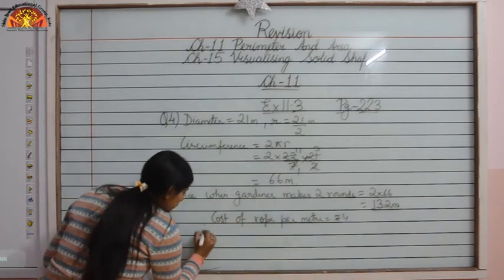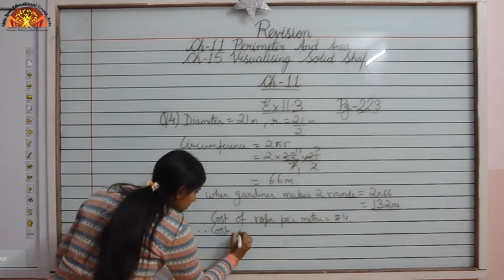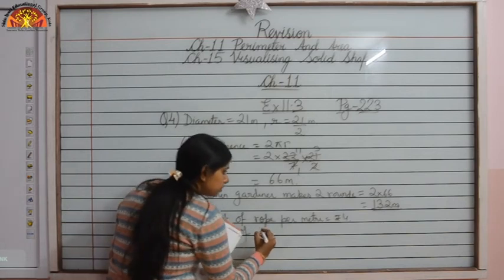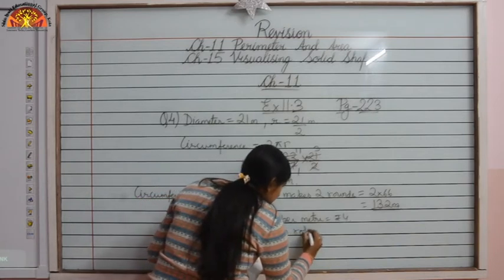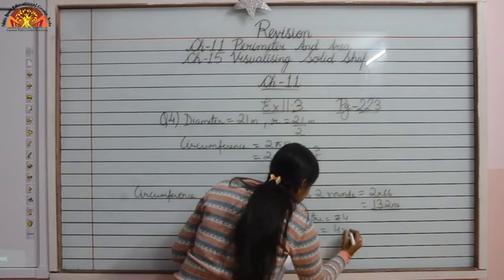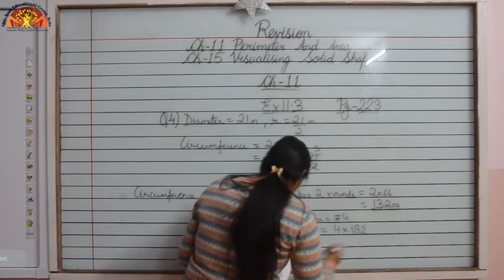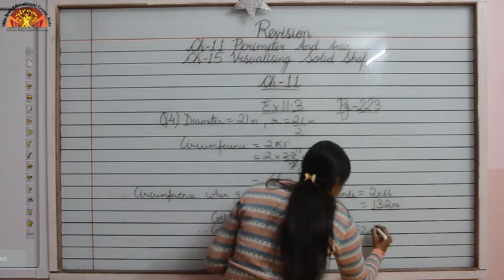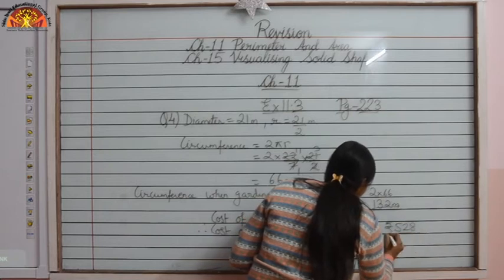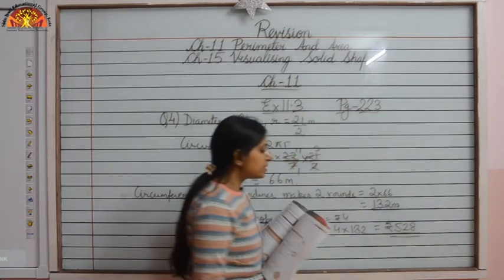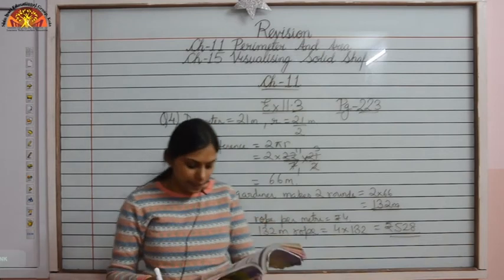So the cost of 132 meter rope is equal to 4 into 132, which comes out to be rupees 528. So the cost of the rope required to do the fencing is rupees 528, okay.